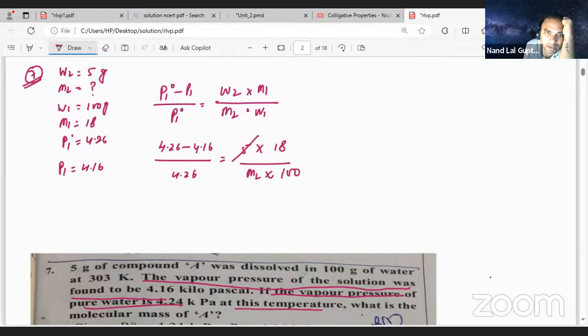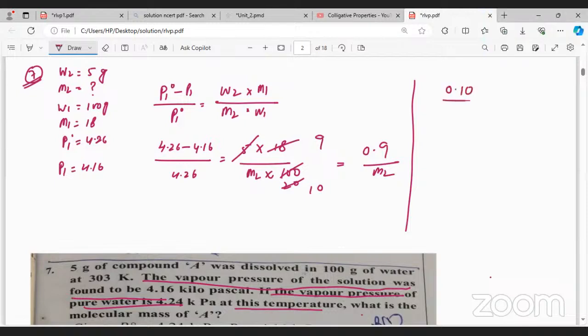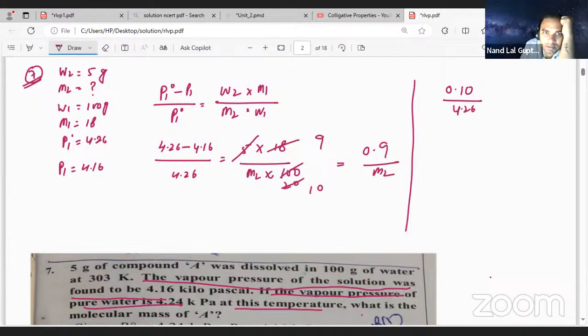So you solve it: 5 times 18 by 100 is equal to 0.9 by M2. If you are subtracting, it is 0.10 divided by 4.26 is equal to 0.9 upon M2. So M2 is equal to 0.9 multiplied by 4.26 divided by 0.10. So what is the value coming? Let me multiply.